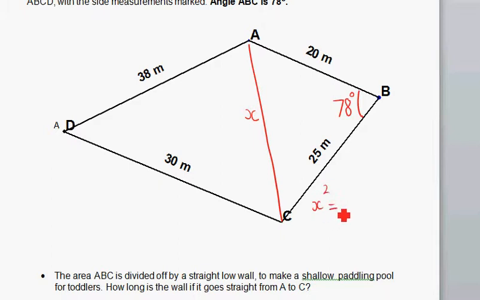X squared equals, using the cosine rule, one of the other sides squared plus another side squared minus 2 times one of the sides times the other side times the cosine. It's not going to write off the page, so we want to go times the cosine of 78.